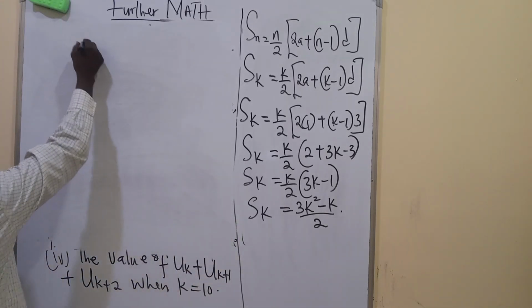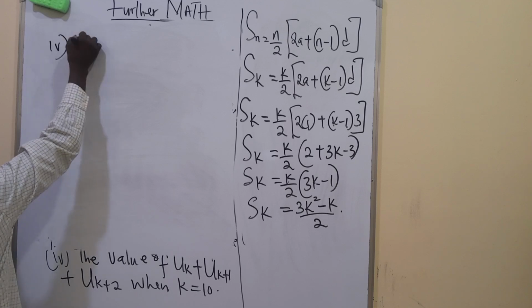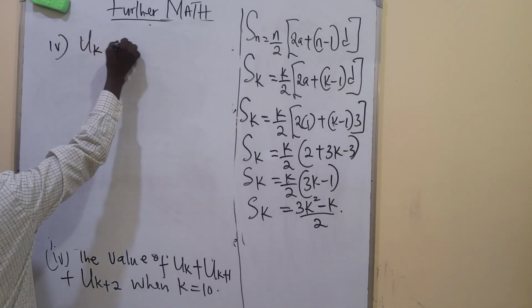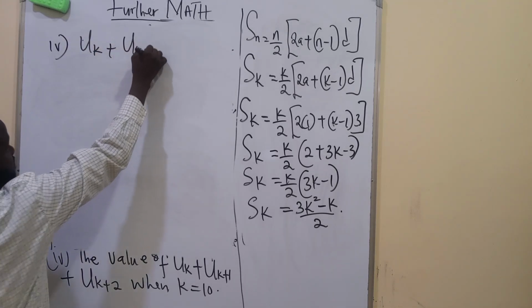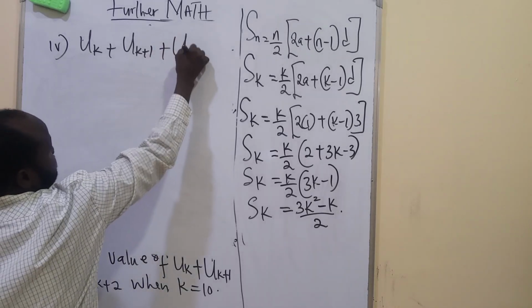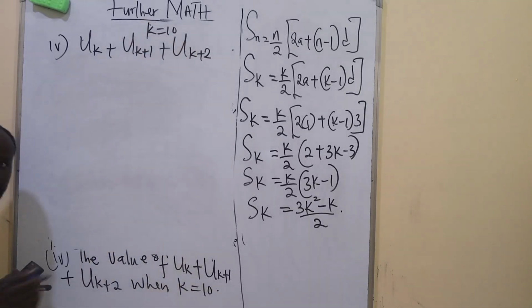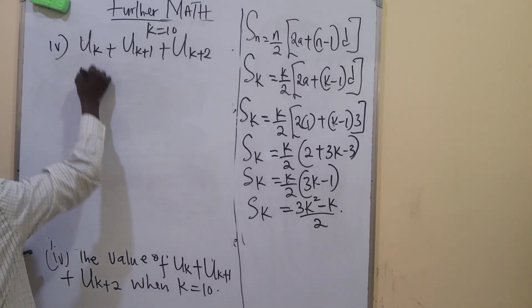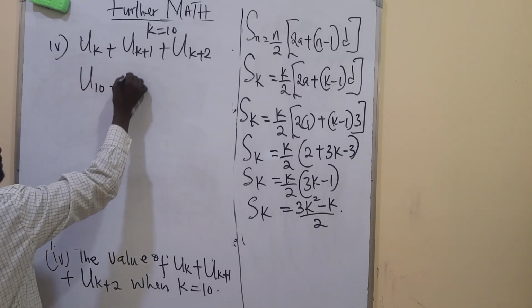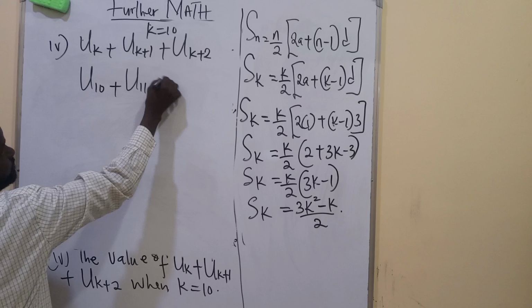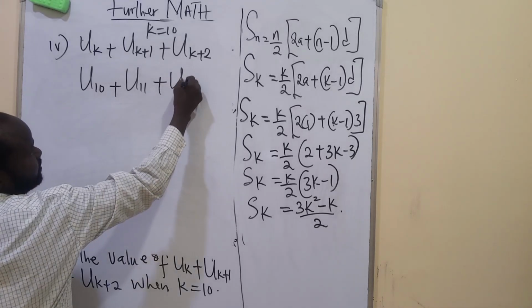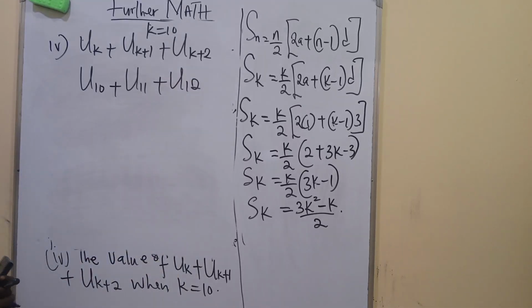Roman numeral 4: we have k times plus k plus 1 times plus k plus 2 times, when k is equal to 10. Let's substitute k equals 10 now. So we have the 10th term, the 11th term, then 10 plus 2, that's the 12th term. We can easily get this.